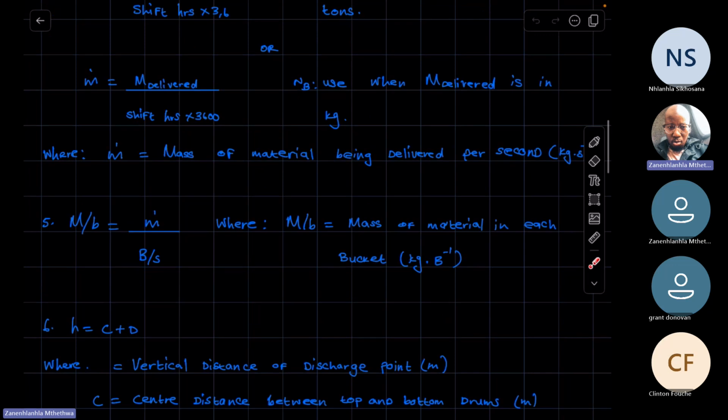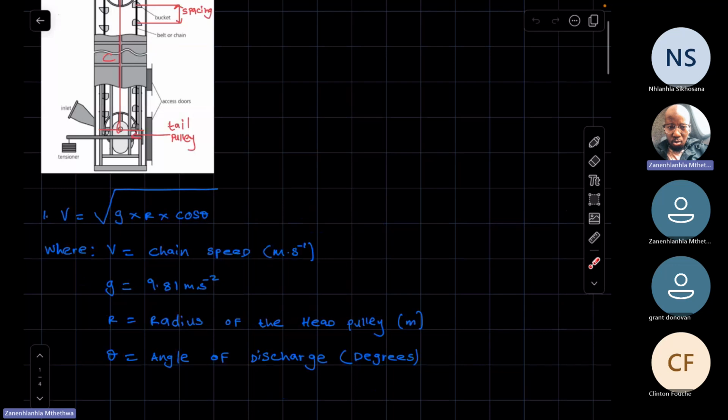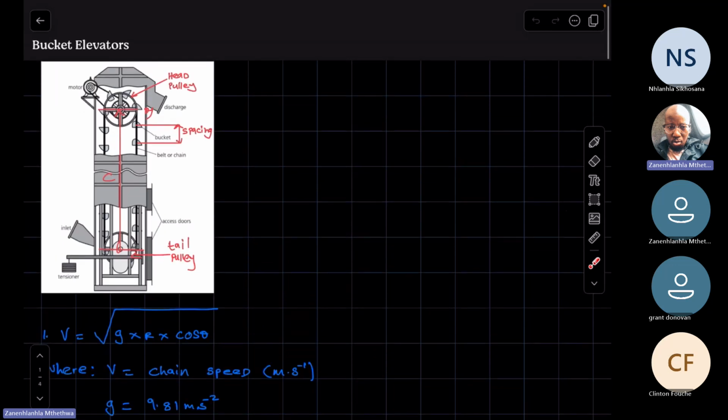And then we have the mass of the material in each bucket. Essentially, with bucket elevators, what we're trying to do is to get whatever material is coming at the inlet and have it delivered to the discharge point.